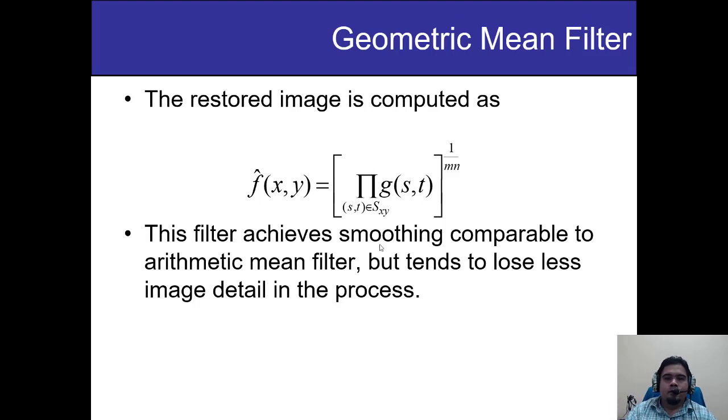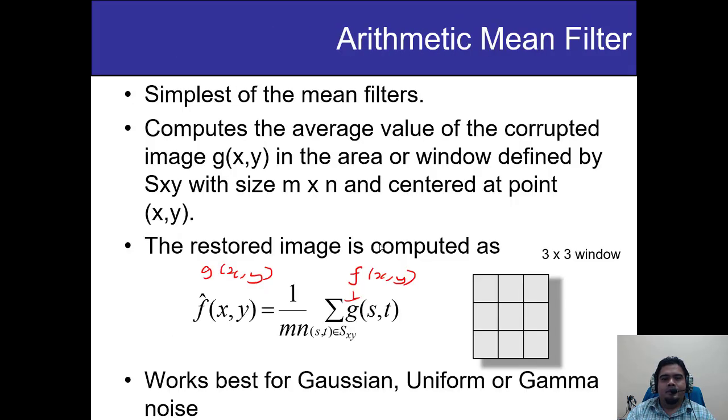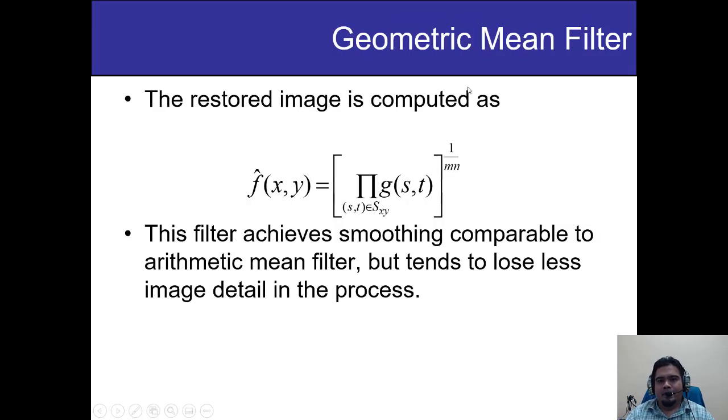Another thing I would like to highlight here: you can see that this one is known as arithmetic because of the plus operation. This one is known as geometric because of the multiplication operation. That one is a, b, c and d added together, divided by 9.